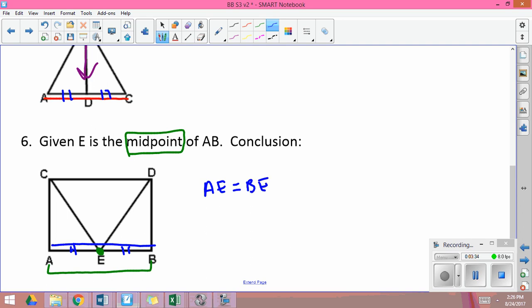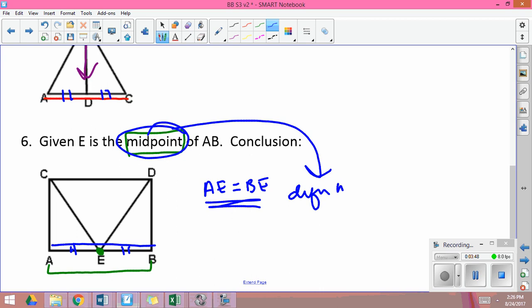Now we've written some segment equal pieces before and they were by definition of bisector, but that's what the given told me. In this case, the given tells me midpoint, so my reason that lets me know this to be true is the definition of midpoint. Because they told me midpoint, that told me pieces were equal. So words to an equation, definition of the thing, parts to whole.